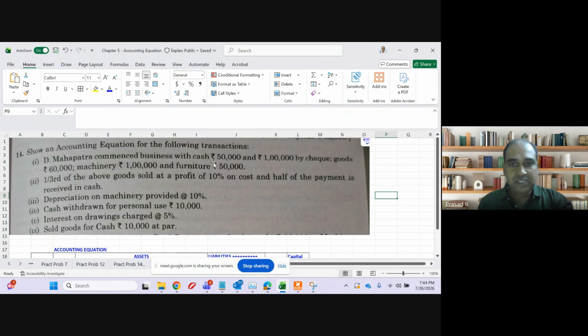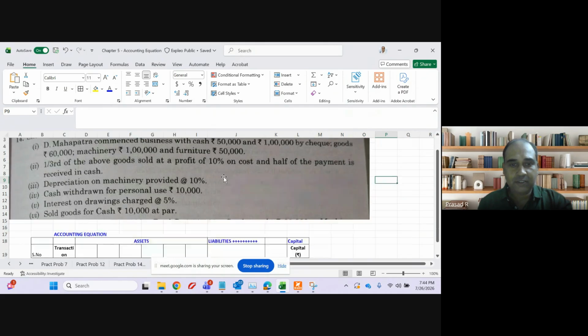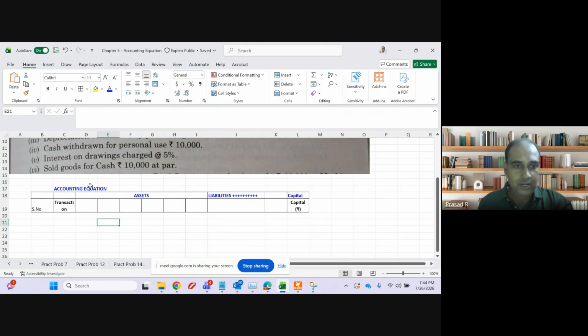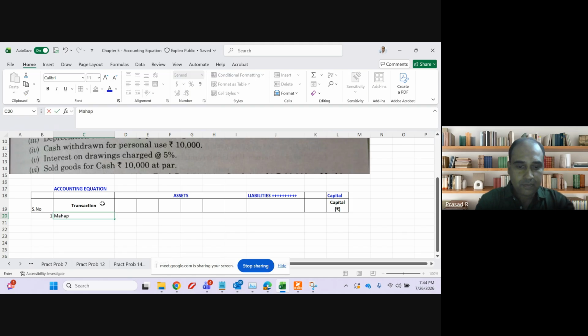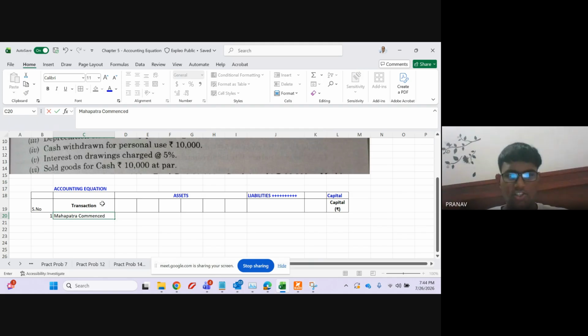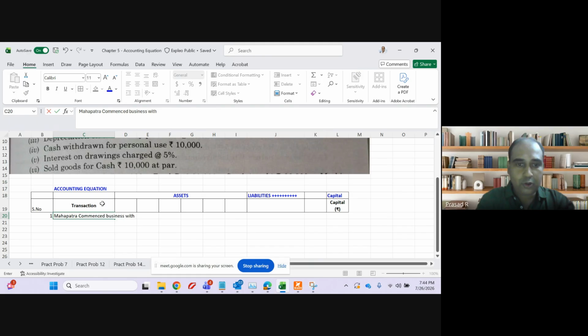Mahapatra commenced business with cash 50,000, 1 lakh by check, goods 60,000, machinery 1 lakh, and furniture 50,000. So transaction number 1: he commenced business with not only cash, guys. He has brought a lot of things.